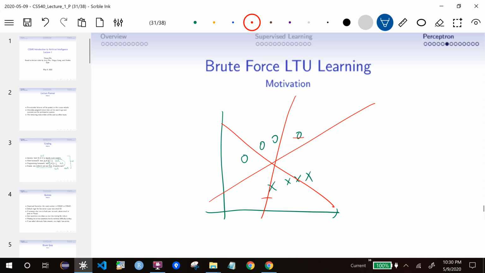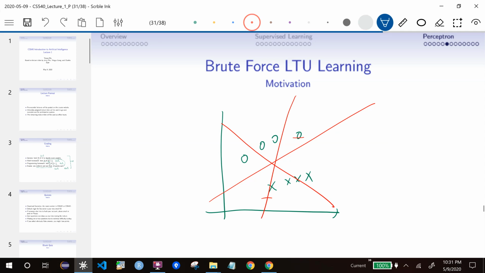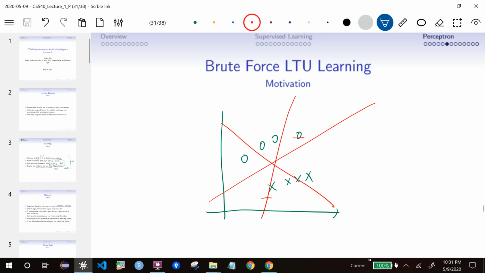So in 2D, that seems possibly reasonable. But imagine if you have like a 10,000 dimensional space and you are guessing a line, a hyperplane. It's kind of hard to get it right.